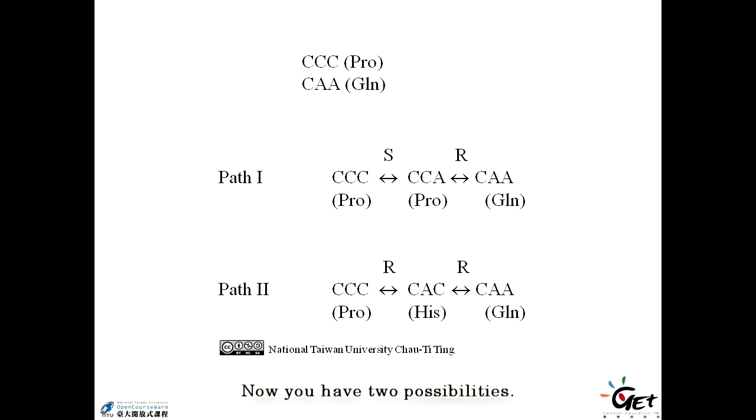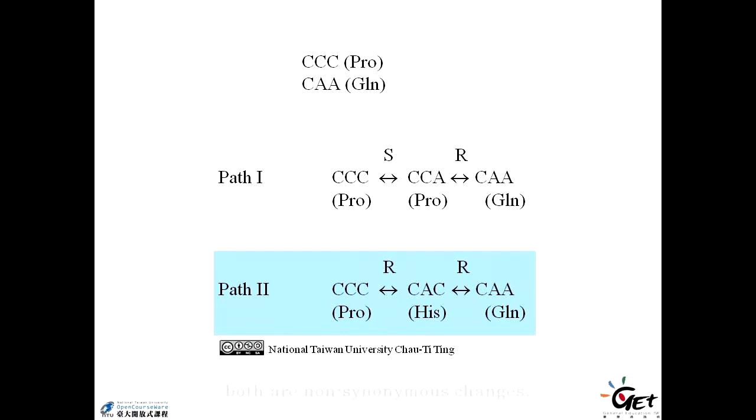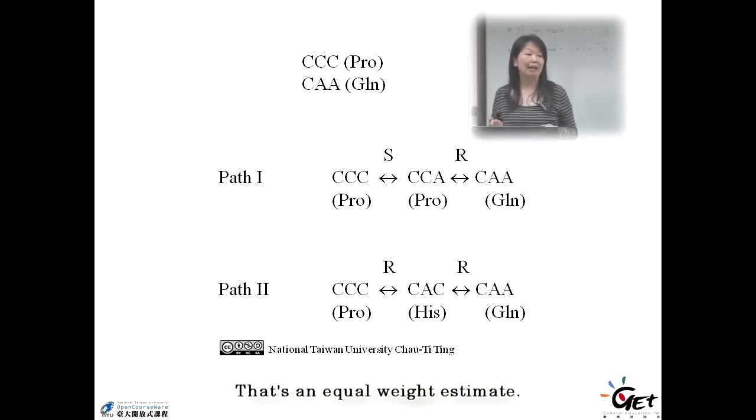Now you have two possibilities. The first one, there's a synonymous and a non-synonymous. The second one, both are non-synonymous changes. Then you say, okay, I cannot decide. Both are equally possible. Then you say, okay, half of the chance path one happened, the other half of the chance path two happened. That's an equal weight estimate.